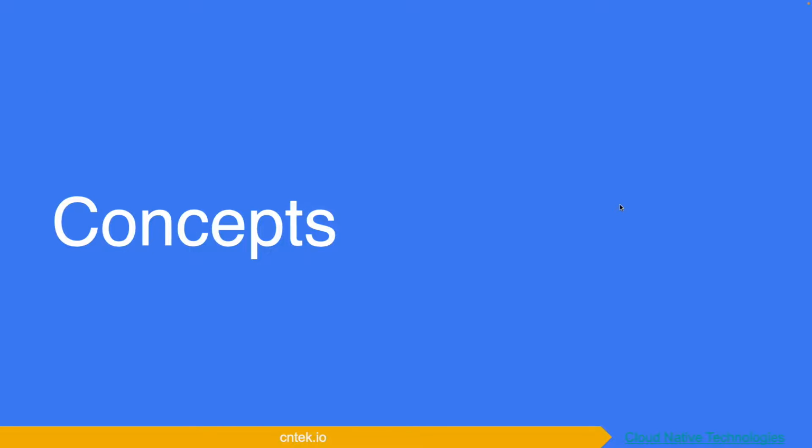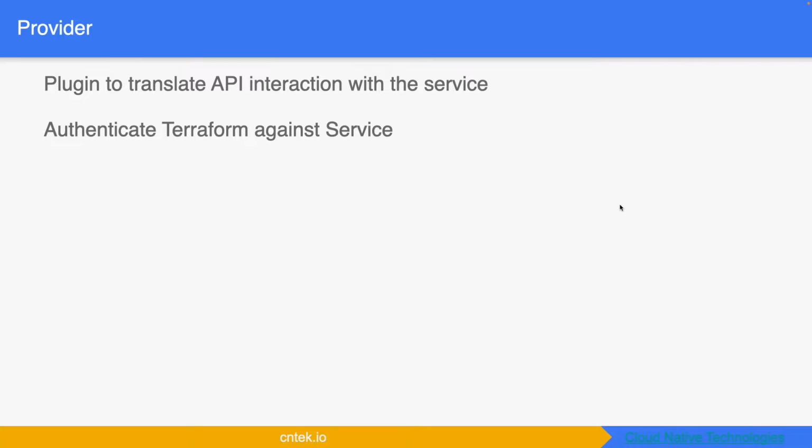Now let's understand some of the core concepts of Terraform. First of all, we look at Terraform providers. Terraform providers are the plugins which translate API interactions with the services. For example, for interaction with a GCP service or an AWS service, we have a Terraform provider to interact with those services. It also helps us authenticate against the service.